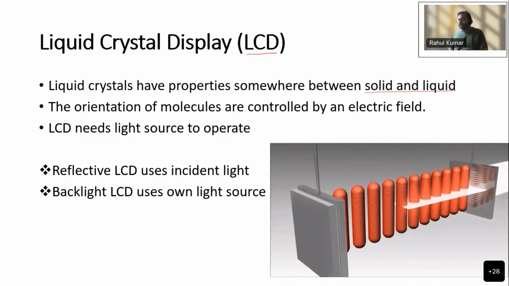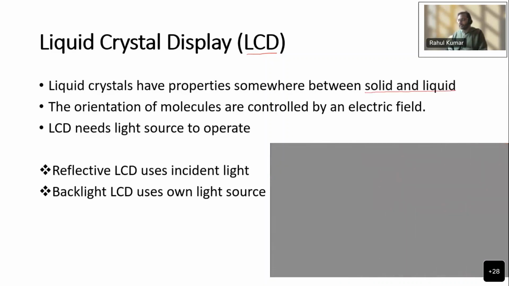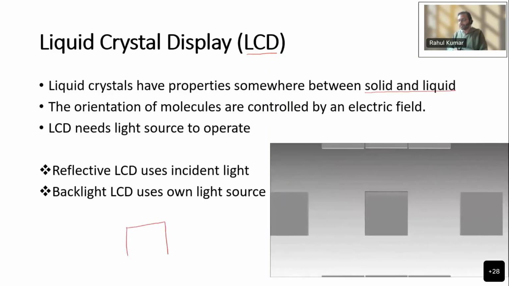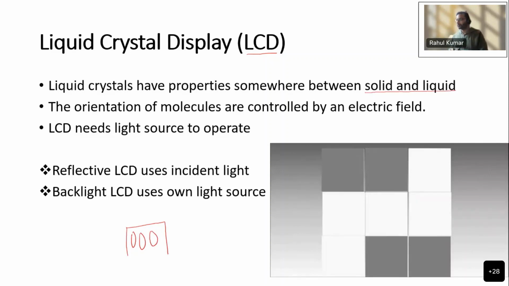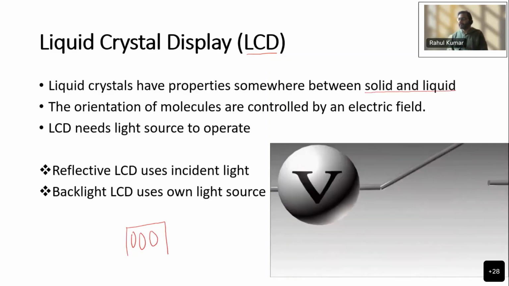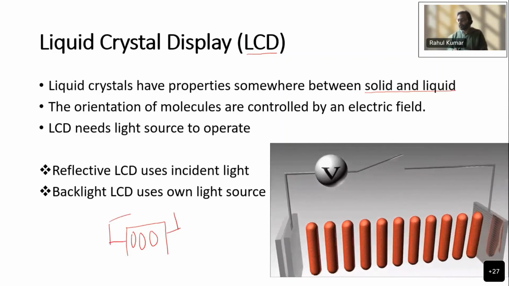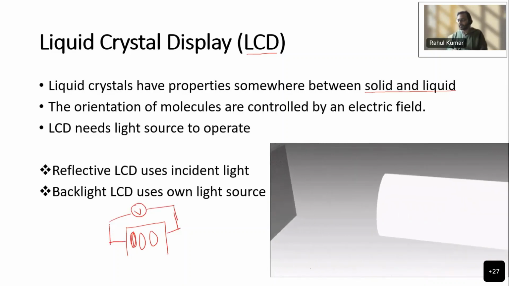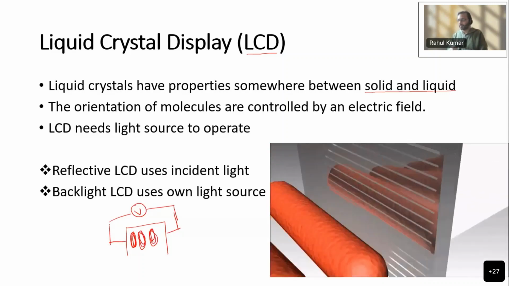Now the liquid crystals, they have some material. So basically you will have some crystals inside your solid. And what happens is, when we apply a potential difference or a voltage, these crystals, they align themselves in a certain manner.